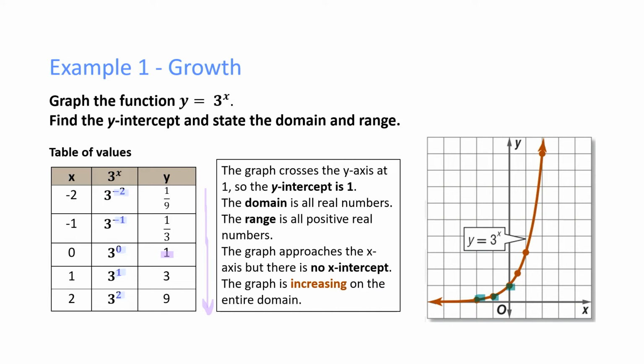That is the y-intercept. Then we have the values of 1 and 3, and x equals 2 and 9. You can see that the graph of y equals 3 to the power of x is clearly increasing from left to right.